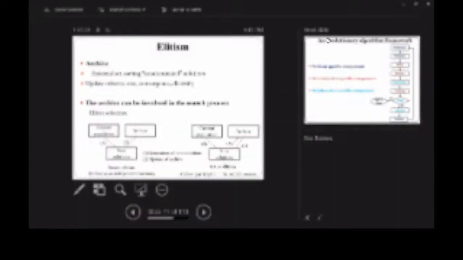Here, by using some meta-heuristics algorithm, you are generating some solutions. So you have a population. In this population, some solutions are non-dominated solutions, some are dominated solutions. Every iteration, you are generating some non-dominated solutions, and you are preserving those non-dominated solutions in one archive.